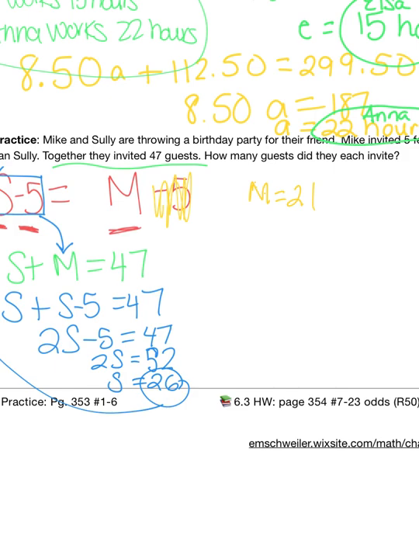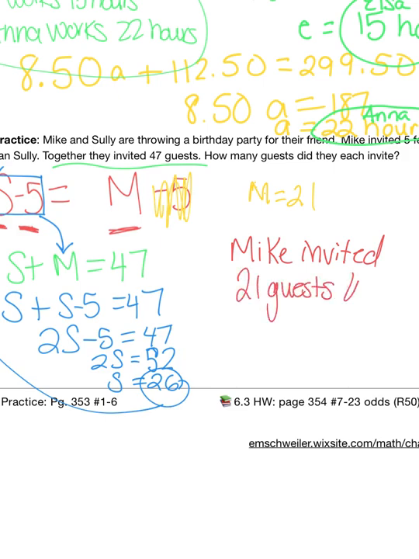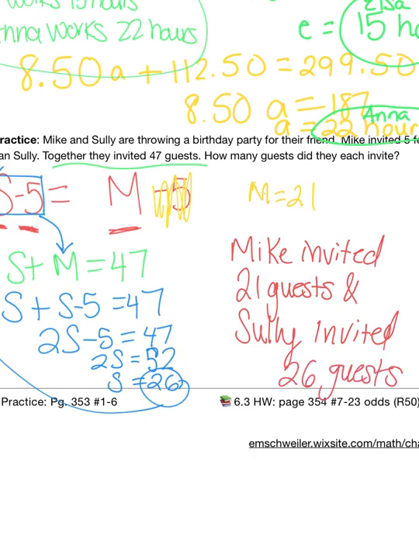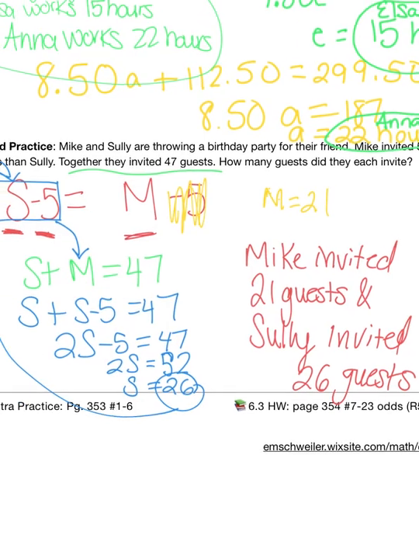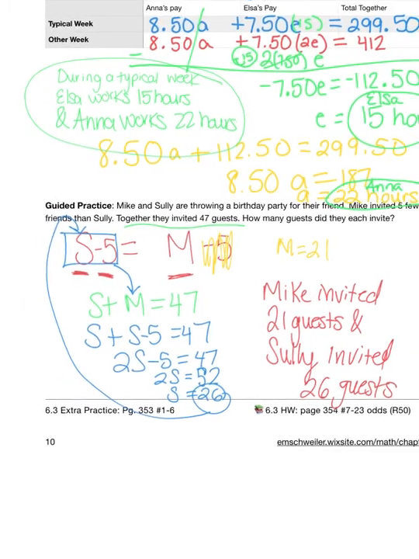Yep. So let's write it as a sentence for our final answer, that Mike invited 21 guests and Sully invited 26 guests.